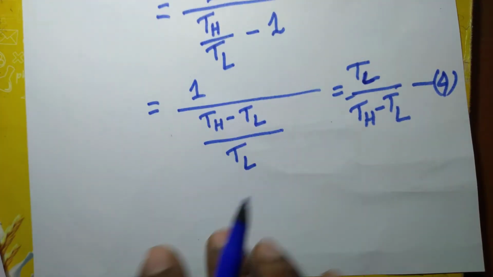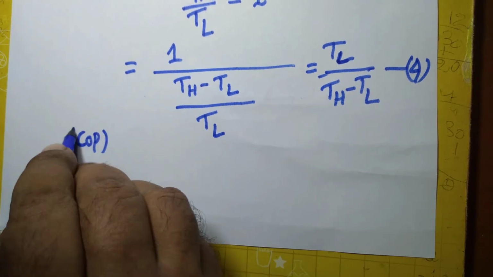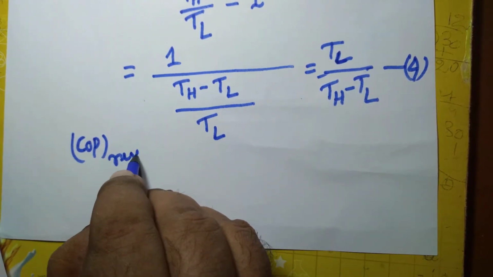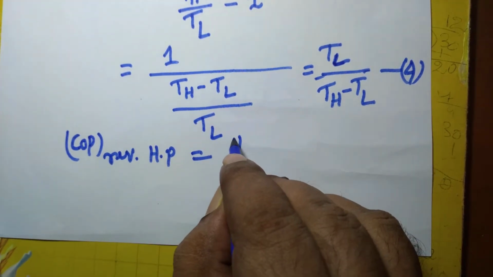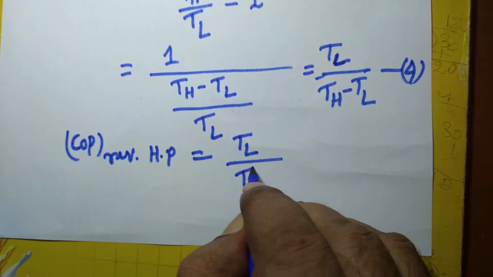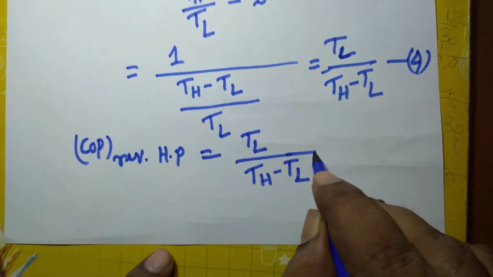So I can calculate the COP of a reversible heat pump as TL upon TH minus TL plus 1.